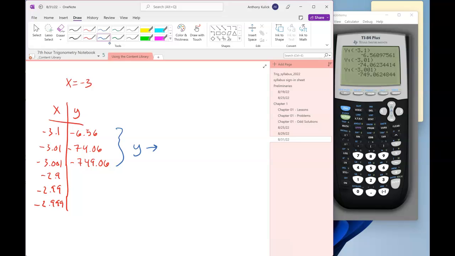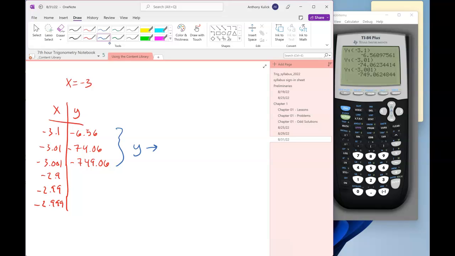And what do we notice is happening to the y coordinate here as we're getting closer and closer to negative 3 on the left? Look at those y values. What's happening there? And by bigger, you really mean smaller because there's a negative sign in front of it, right?